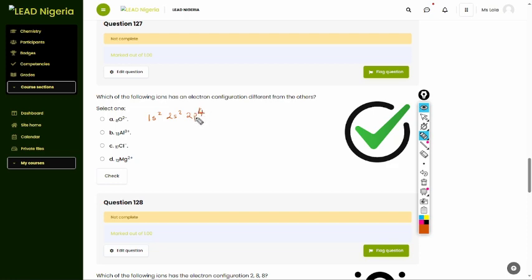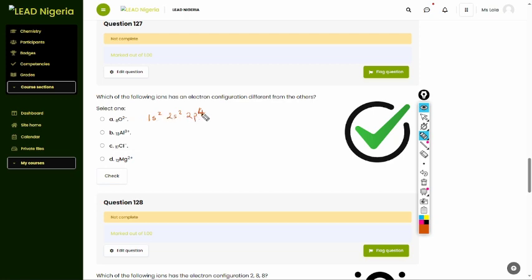Or we could use the 2-8 configuration, because we're dealing with the first 20 elements, where the 2-8-8 configuration is actually much easier to use. So with this, we have 1s2, 2s2, and 2p4.